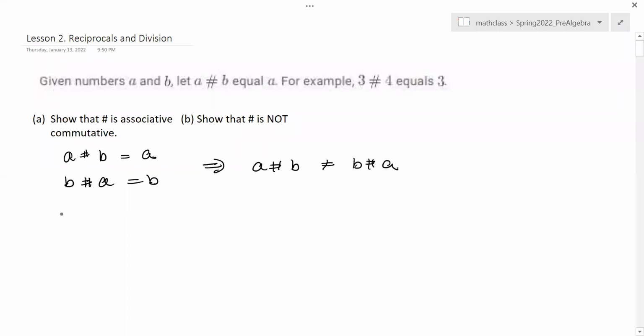Now, whether this is associative, we need to compute this first. According to the definition, there are two variables here, and this is going to be a plus b. You only take the first part. Then you only take the first part again, and that's going to be a. That's coming from the definition.